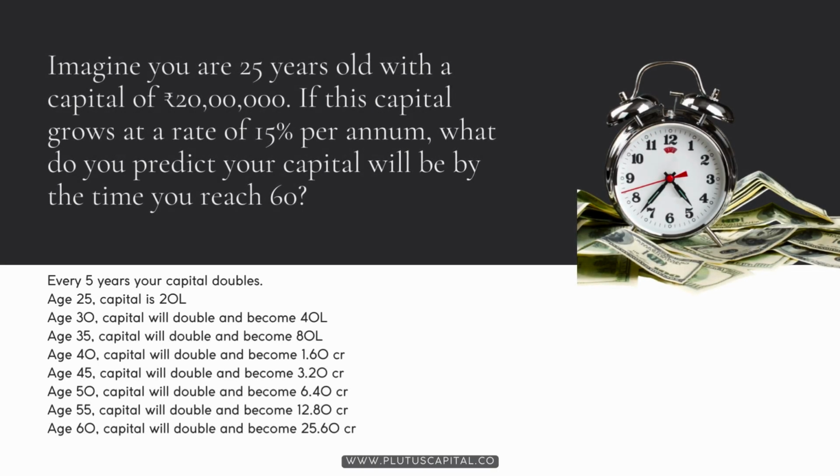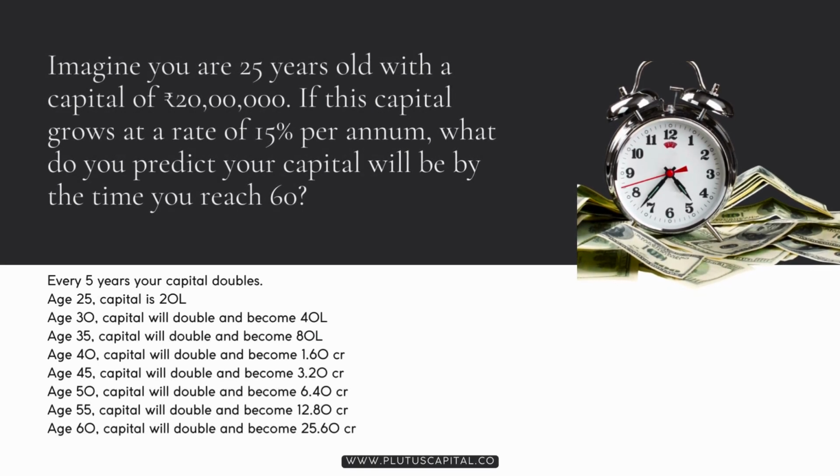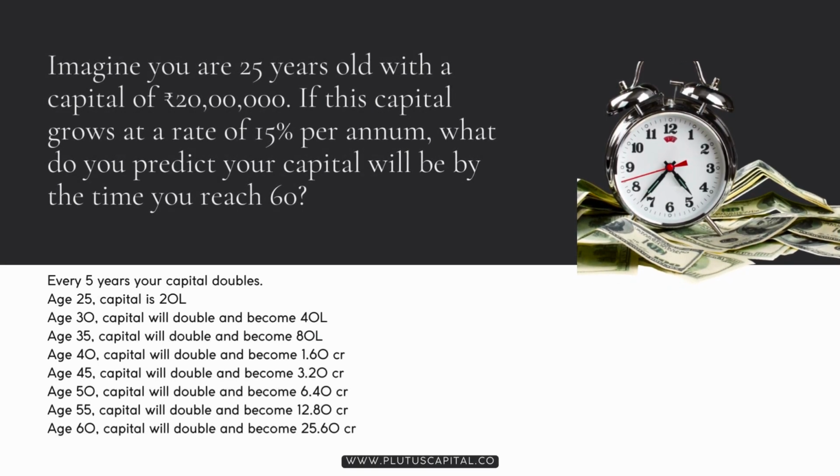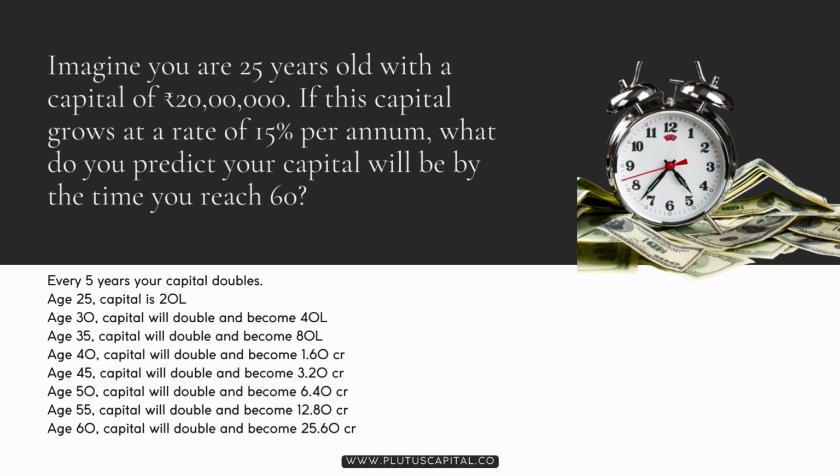Let's say you are 25 years old and you have a capital of 20 lakhs. If this capital were to grow at 15%, what do you think your capital would be when you turn 60? So 72 divided by 15 is 4.8, so we can use approximately every 5 years your capital doubles.